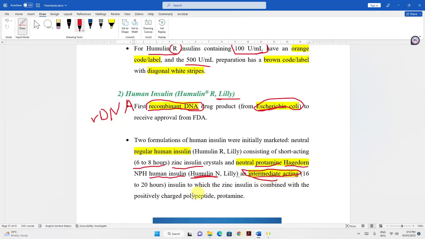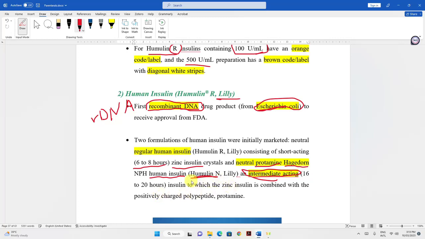And what you get is referred to as NPH human insulin, or neutral protamine Hagedorn insulin, or also we call it isophane insulin.